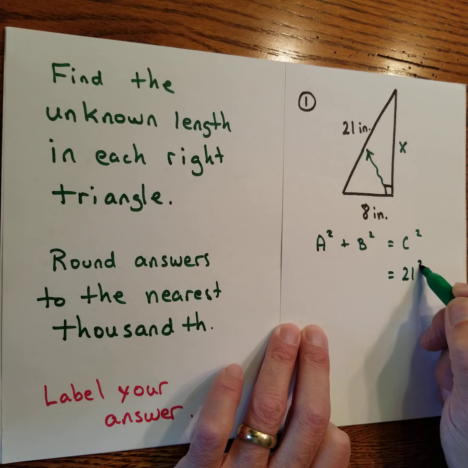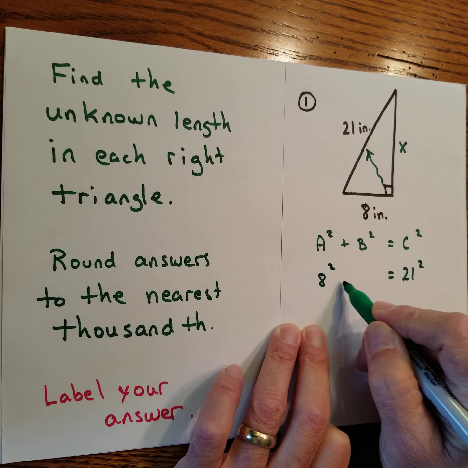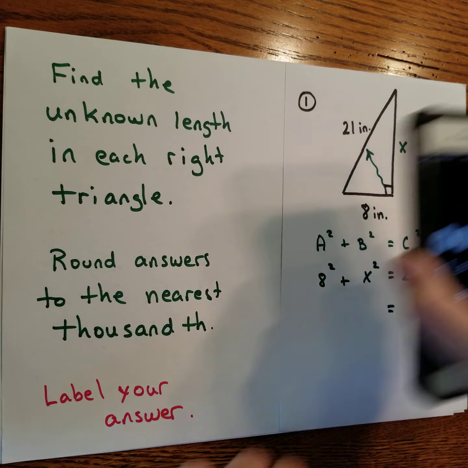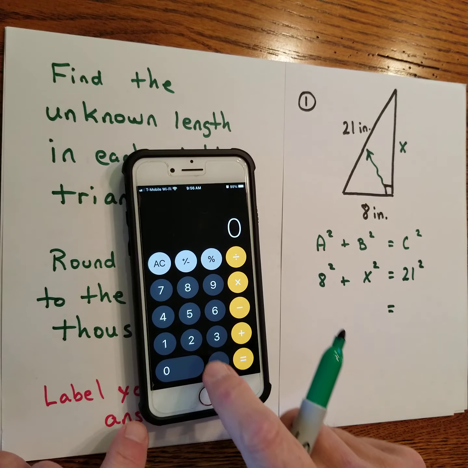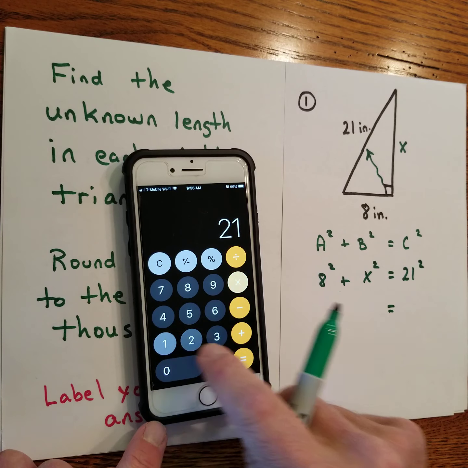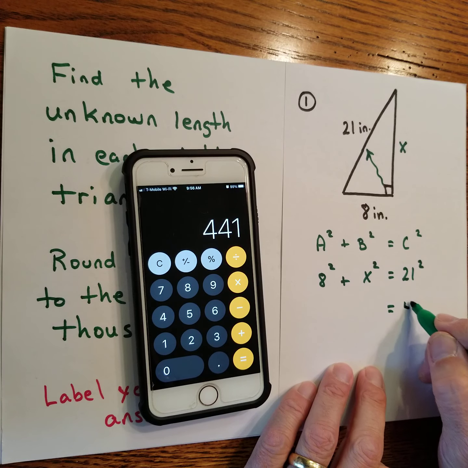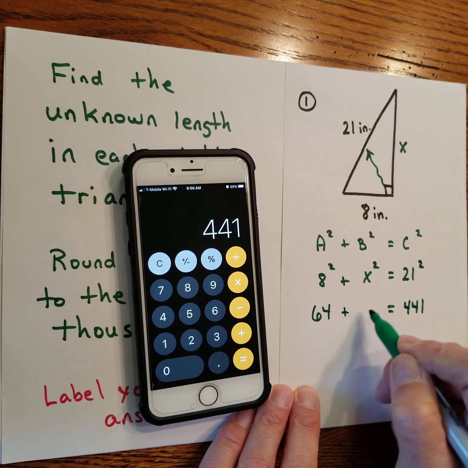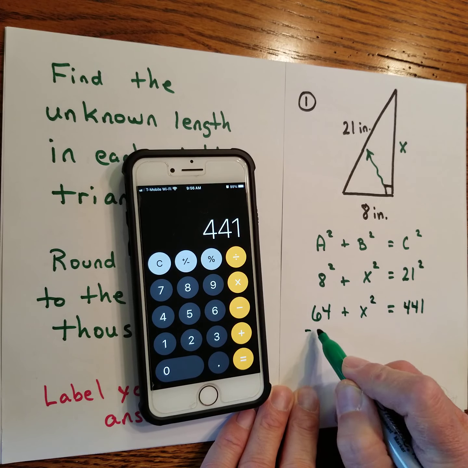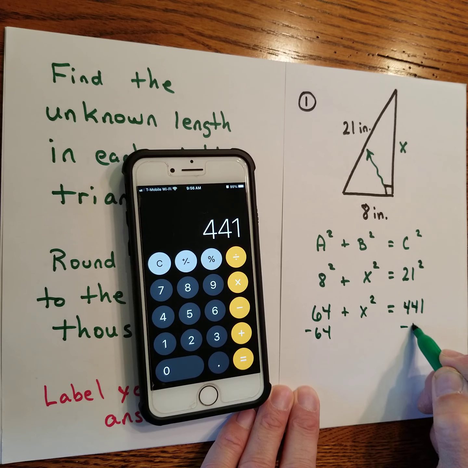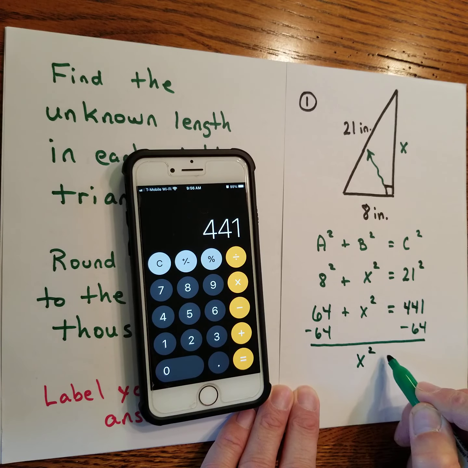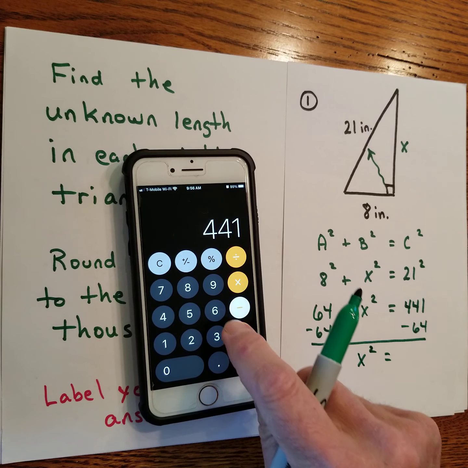That must be c. 8 and x can go in any order you like. 21 squared is 441. 8 squared is 64. Now subtract. (441 minus 64).